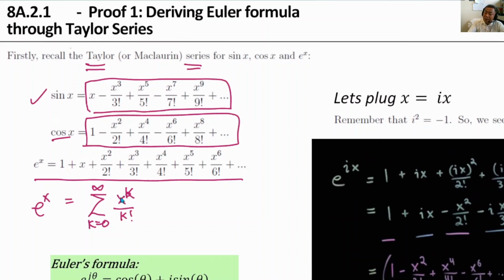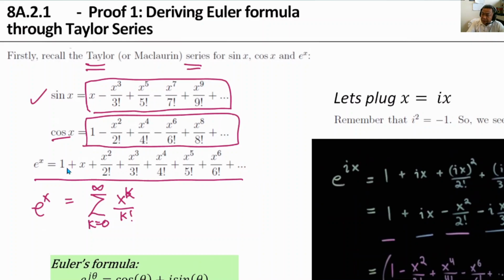When k equals 1, it is x divided by 1 factorial, which is x. Then when k is 2, it is x^2 over 2 factorial, x^3 over 3 factorial, and so on.